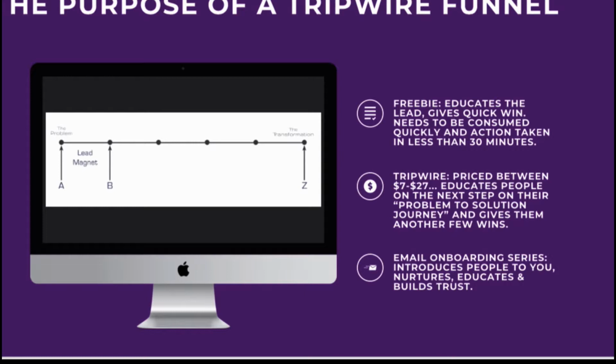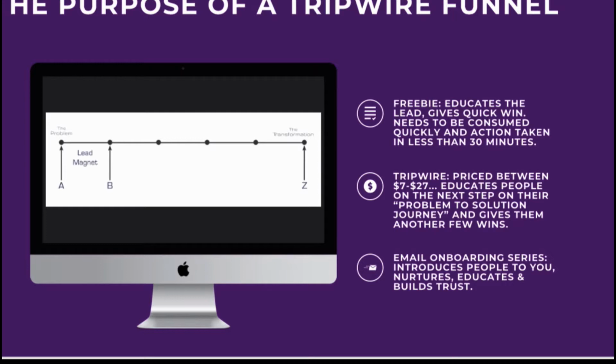So the freebie solved the mini problem. Now the tripwire solves the next problem that they have because they haven't worked with you. Okay? So that is what you want to do, and you give them a few wins.